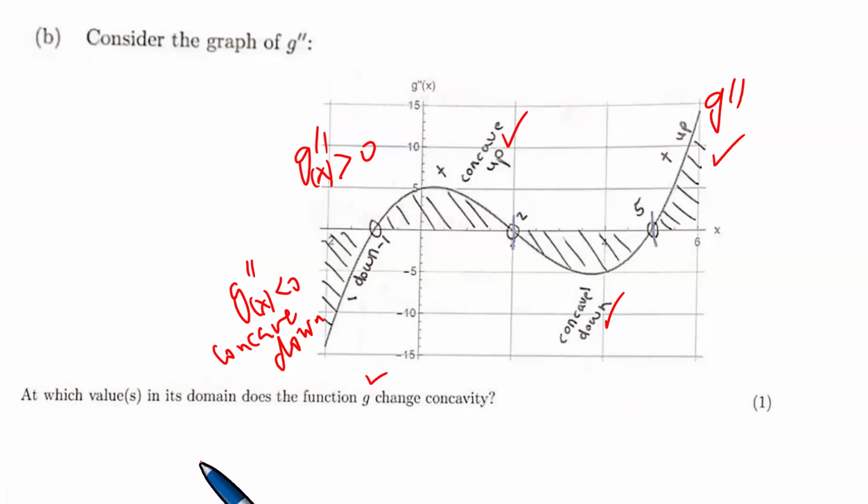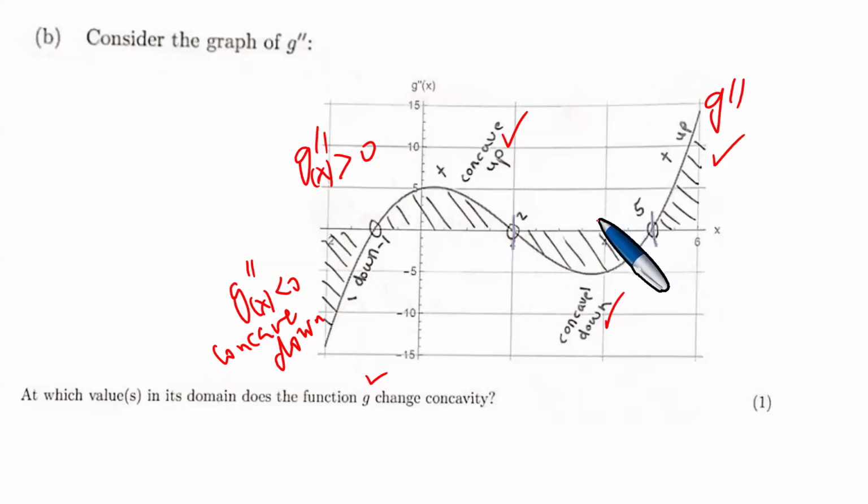So we're able to see that it is clearly at the following values. Here it's concave down and then concave up, and then here it's concave down and there it's concave up.